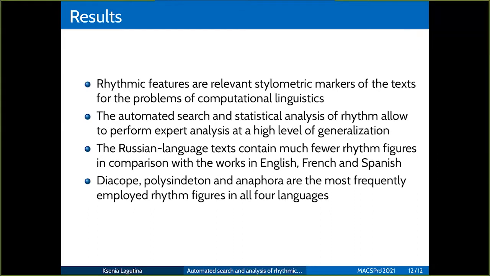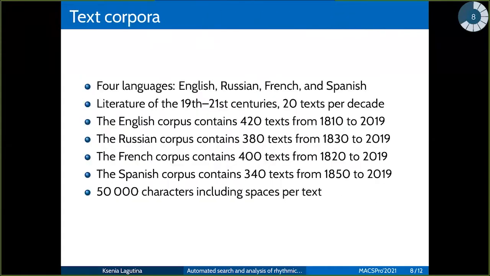Thank you for your questions. First, about languages. We experimented only with Romance languages, Indo-European languages. So we have the same definition of rhythm figures, and we can use this model for them.